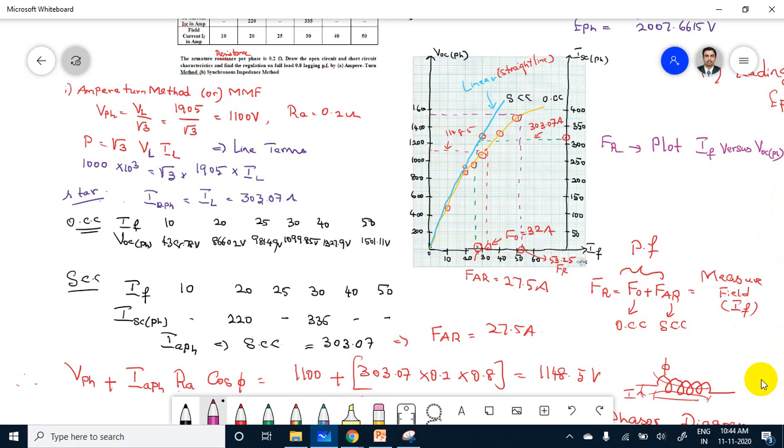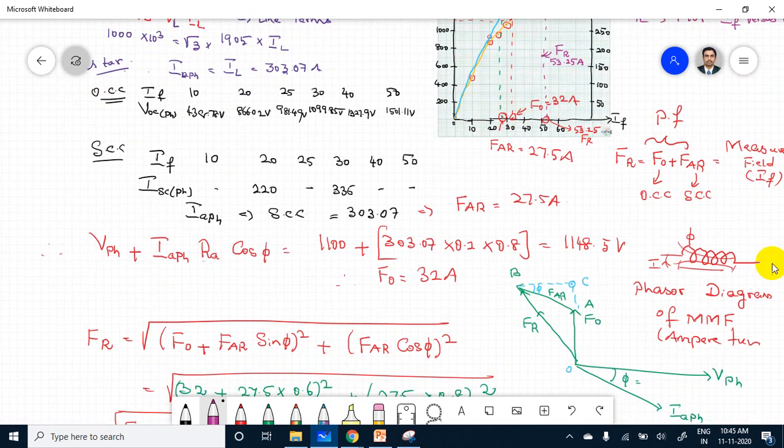This line is nothing but FR. It is 53.25 ampere.